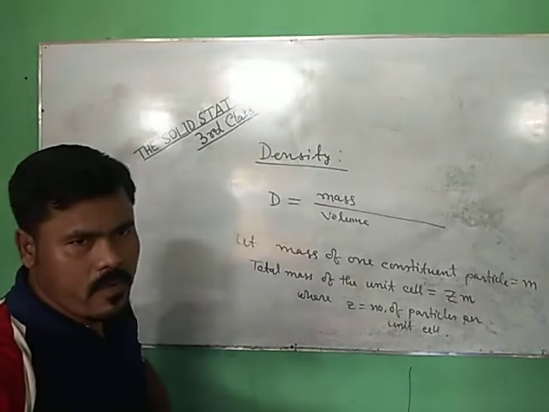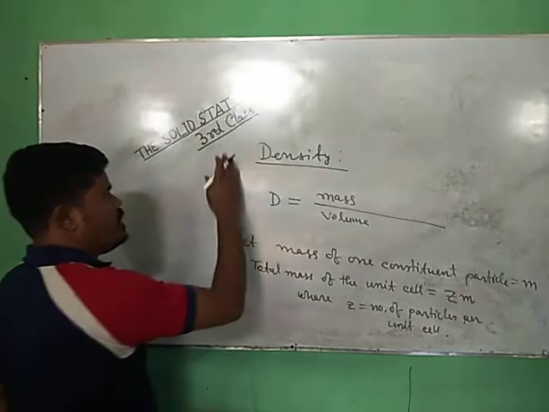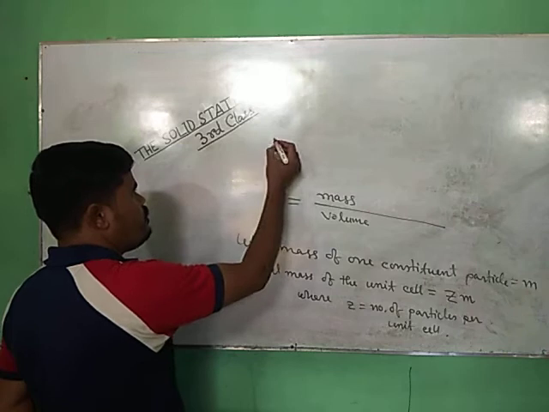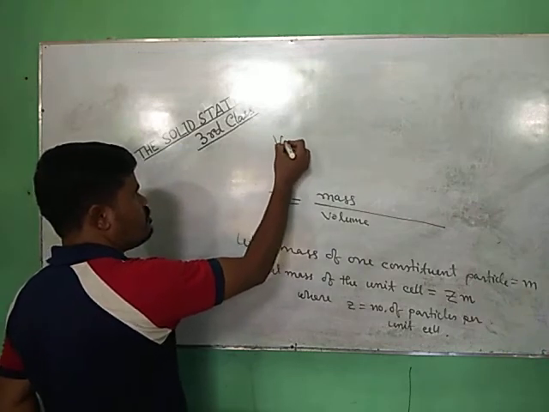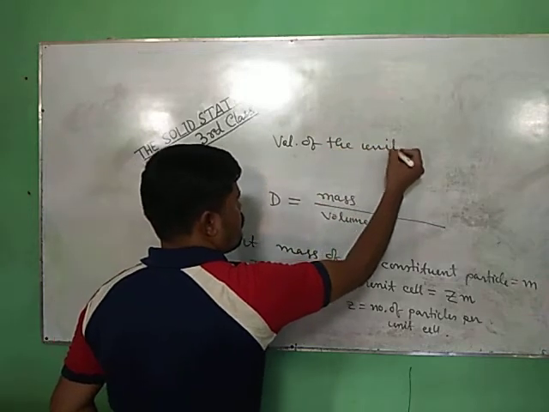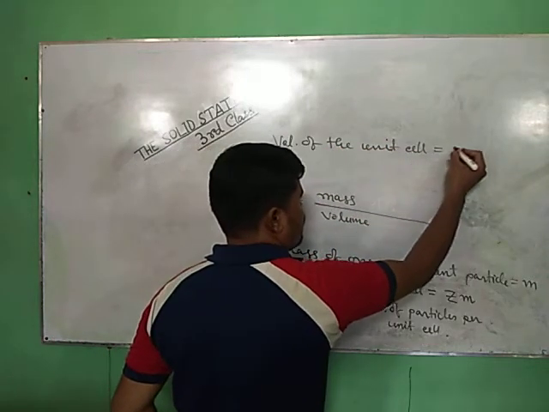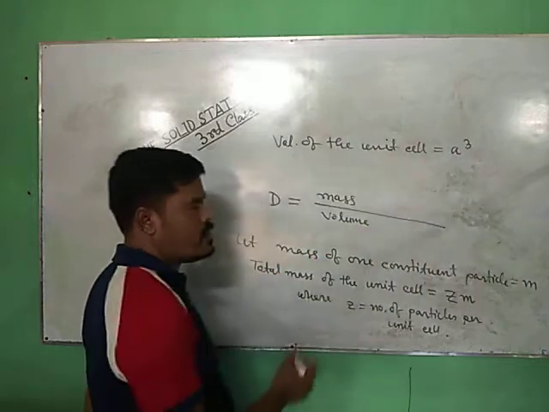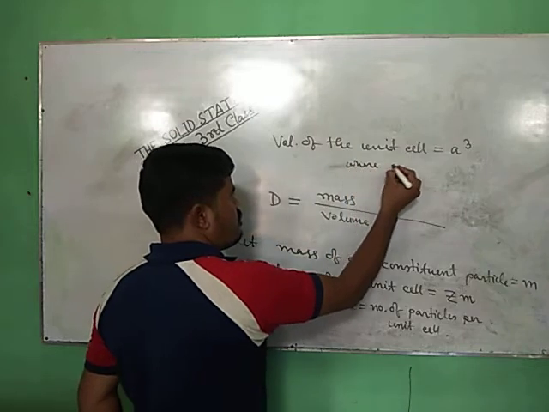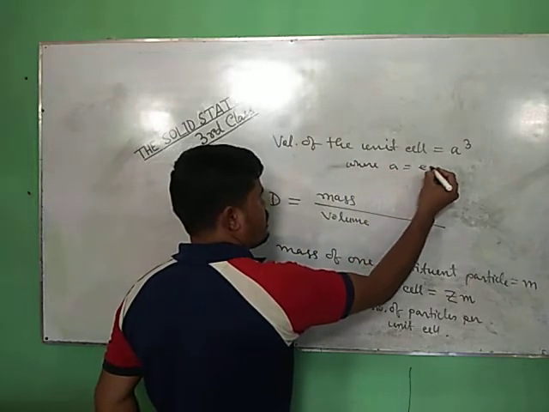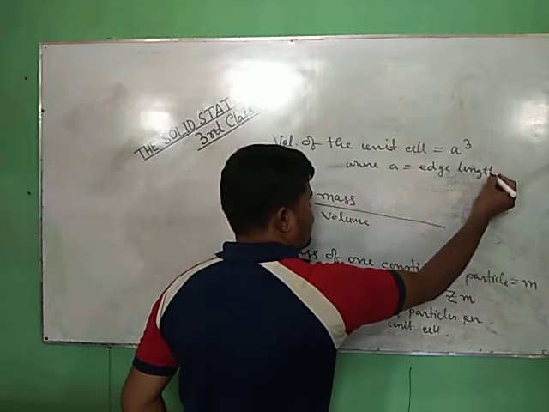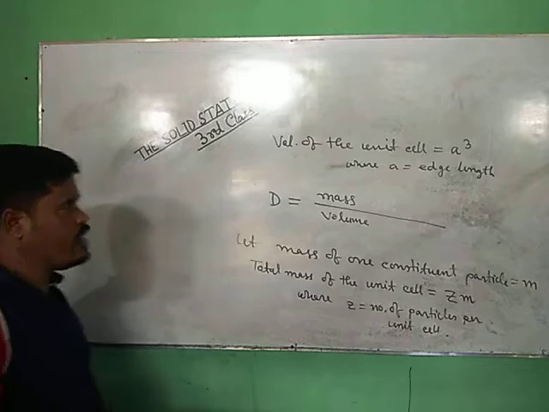Next, I have to calculate the volume. If it is a cubic unit cell, the volume of the unit cell will be a cube, a³, where a is the edge length.